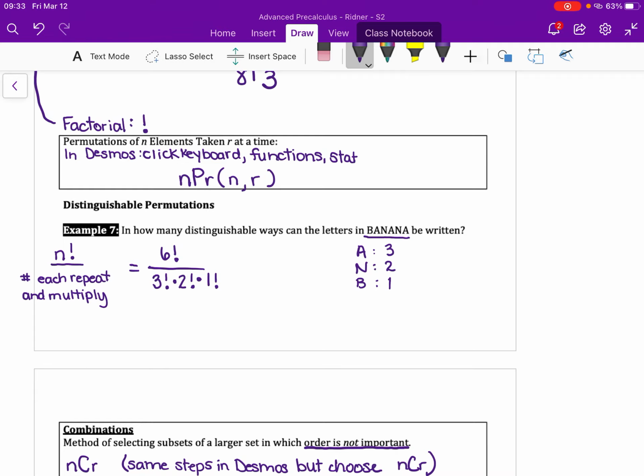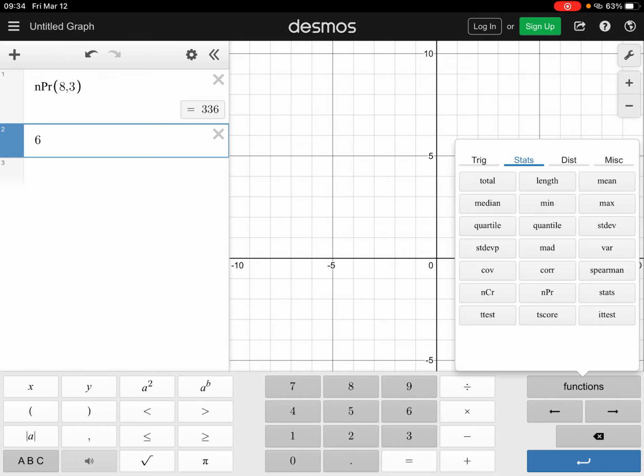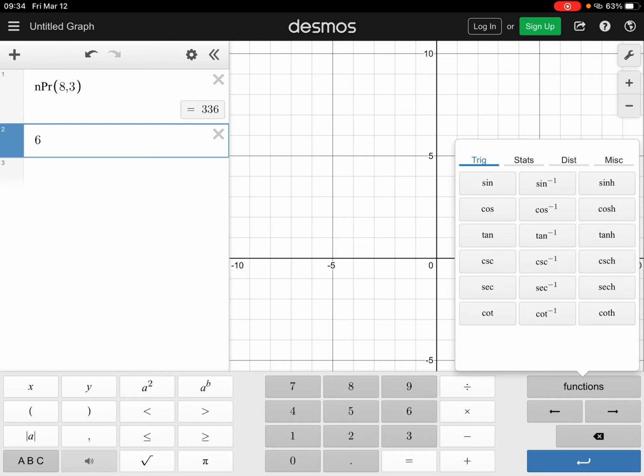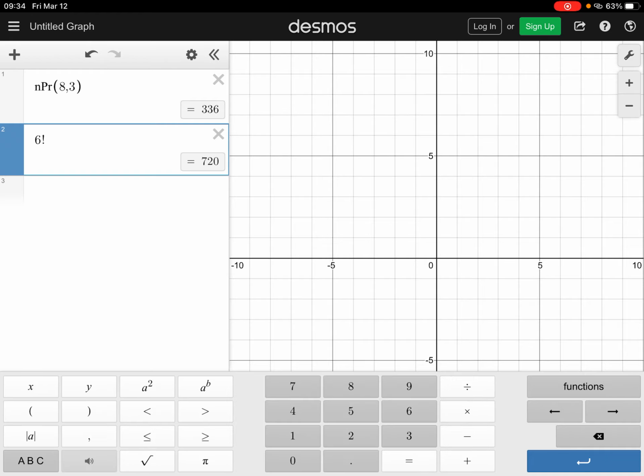You can type that in your calculator as well. So opening Desmos back up. 6, it's also in stats, I believe. Oh, no, maybe I lied. Is it here? Yeah, there we go, it's right there. Okay, so it was in the keyboard area.